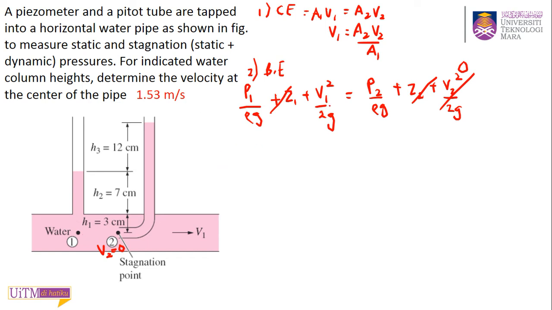Okay, now because you want to find V1, so you bring your V1 to one side and bring the other terms to the other side, and always remember because we have this pressure difference, so write your pressure difference on one side, P1 minus P2 over rho G equal to V1 squared over 2G. Okay, just cancel out G. So this is your equation lah. Okay, equation 2, ni 1, ni 2.